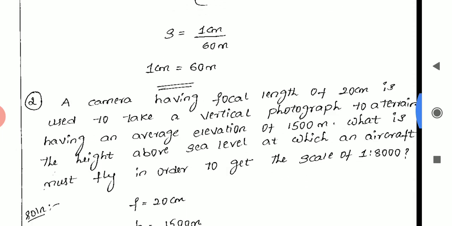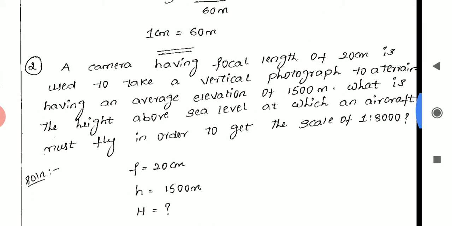so the second problem is like this: a camera having a focal length of 20 centimeter, f equal to 20 centimeter, is used to take a vertical photograph of a terrain having an average elevation of 1500 meter. Okay, so see here, the average elevation of the terrain is small h, so that is nothing but 1500 meter.